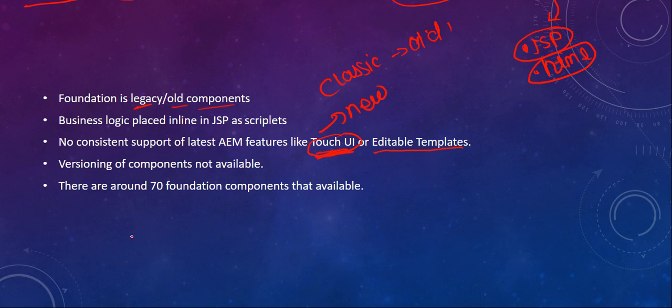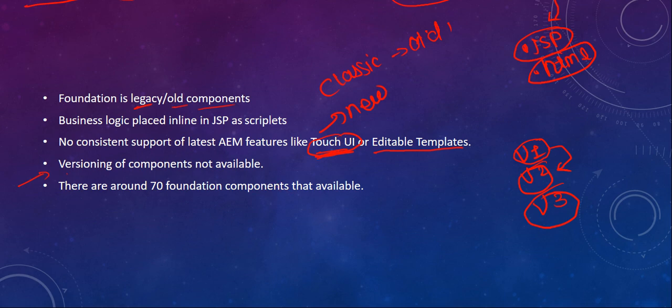Now we have version 1, version 2, and if there is some drawback in version 1, then we'll use version 2. If there is a drawback in version 2, then we'll use version 3. This kind of functionality is also not present in the foundation component, so versioning of a component is not available.